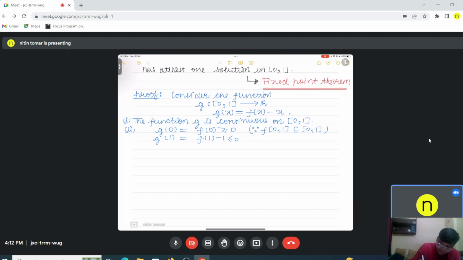So what do we have? If g of 0 is 0, then we are done. So we can assume g of 0 and g of 1 are non-zero.